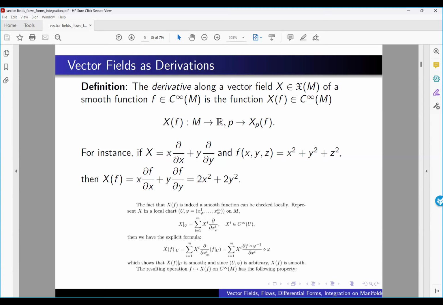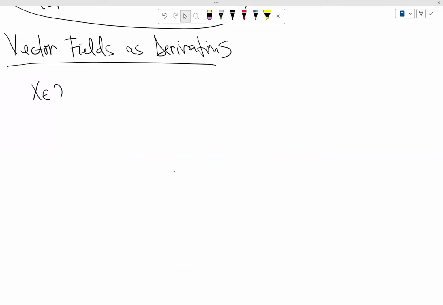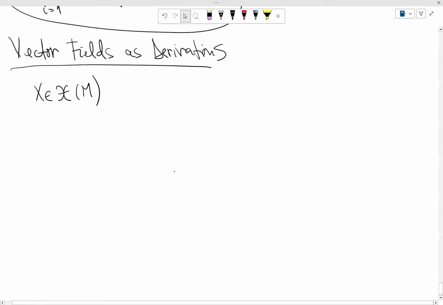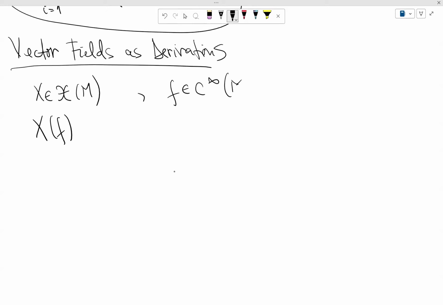So let me go back to and write it here. I think it's easier to understand. So suppose that you have X, a vector field like this, and then we define X(f), right? So f is a smooth function defined on M. So this means smooth from M to R, smooth functions from M to R. So we define this like this, right?